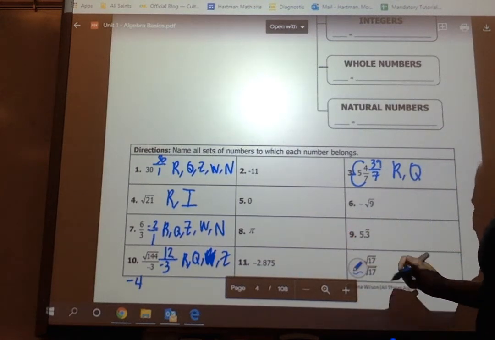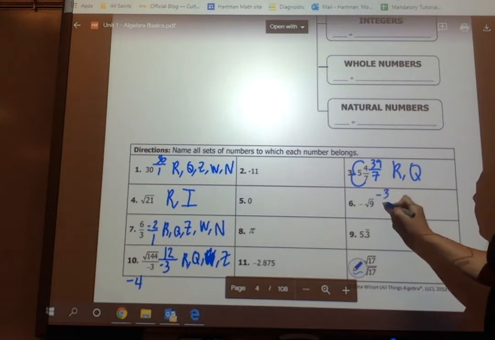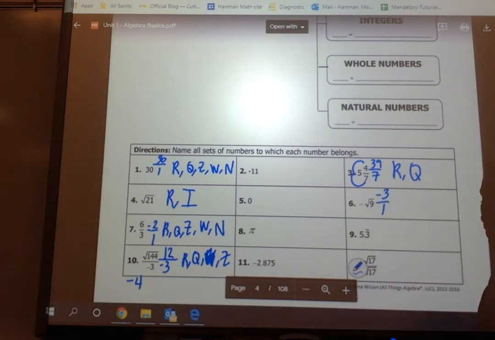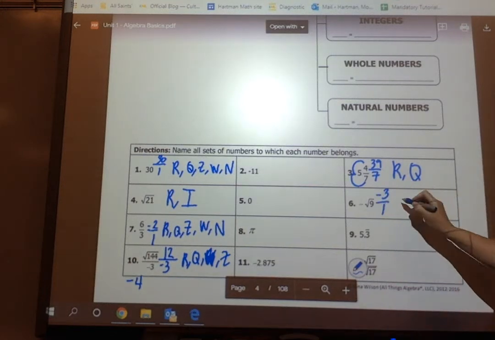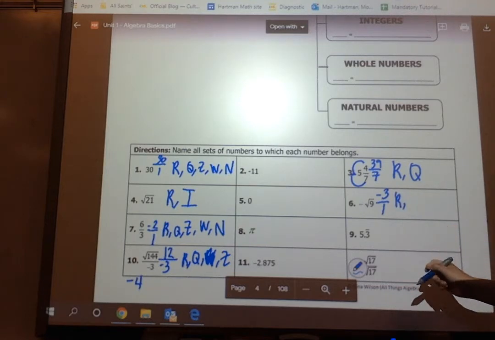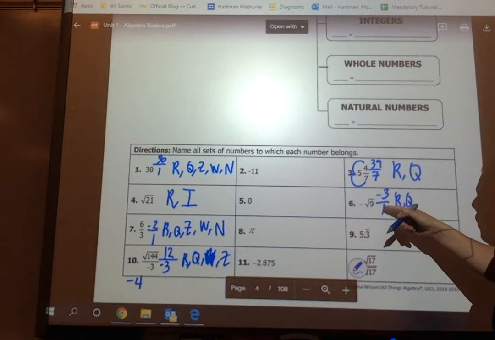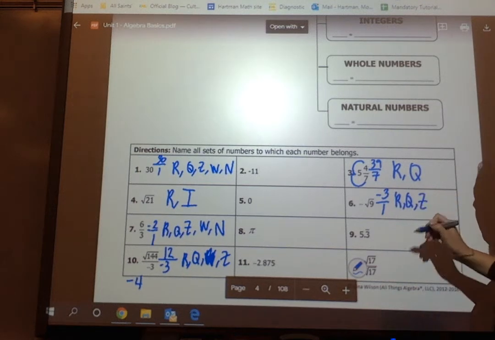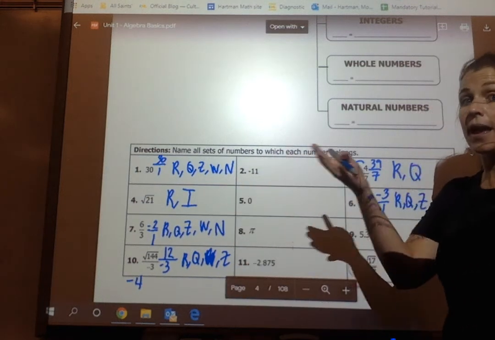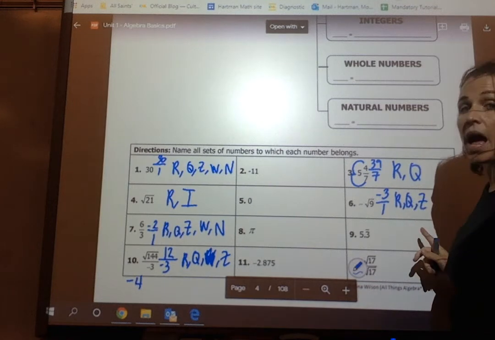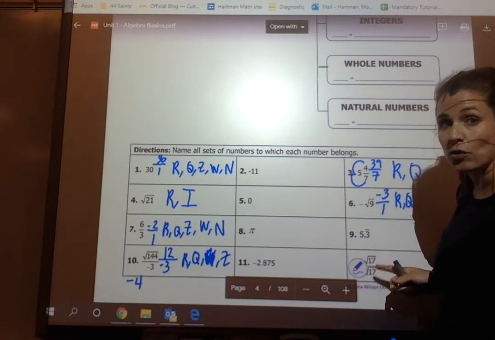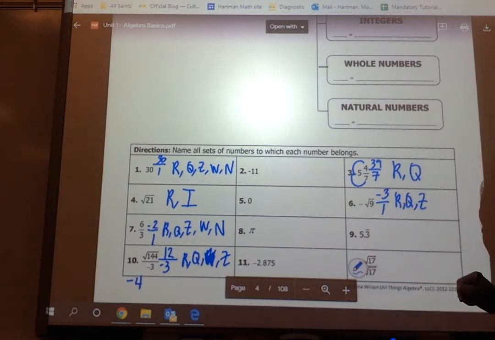Number 6, I can simplify to negative 3. And again, I can put it as negative 3 over 1. We know we're working with the real number system. We know it's rational because it fits the form A over B. I know that it is an integer because it's negative and positive, but it is not a whole number and it is not natural because it is negative.